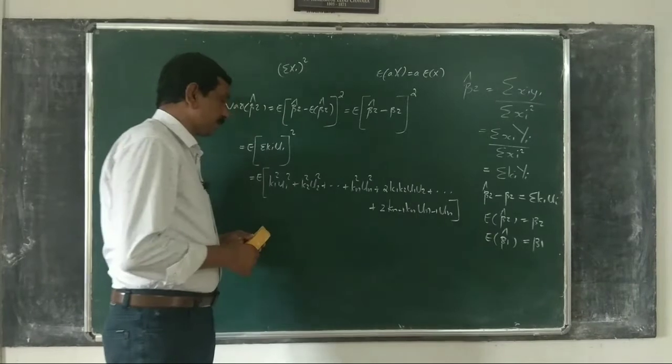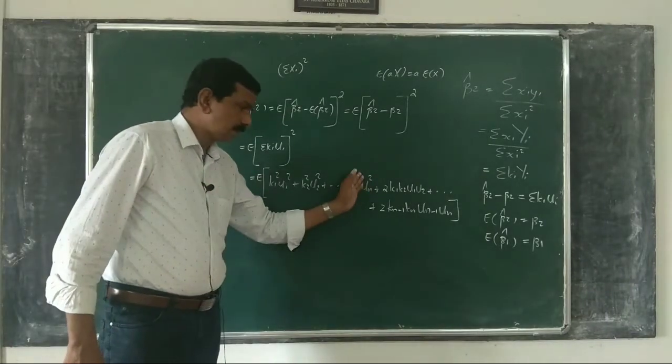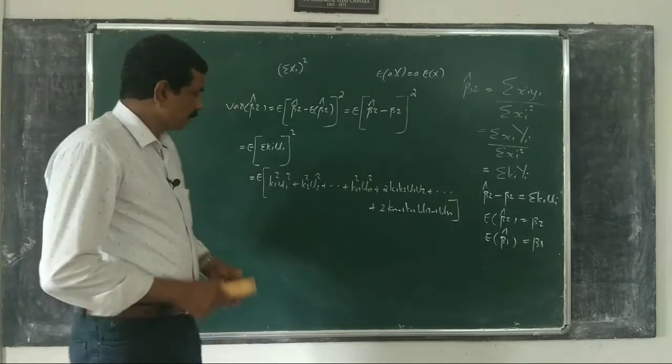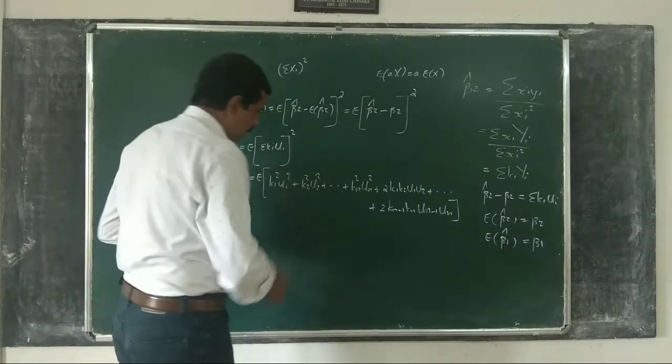That is the expansion: all the squares and cross products. Now we take the expectation operator inside.